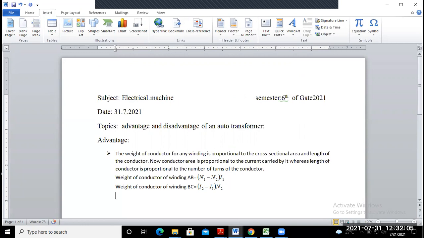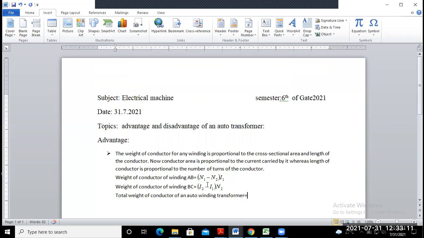So we can write here: total weight of conductor of an auto transformer is equal to the summation of the weight of conductor of winding AB plus the weight of conductor of winding BC.